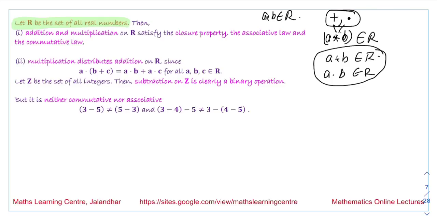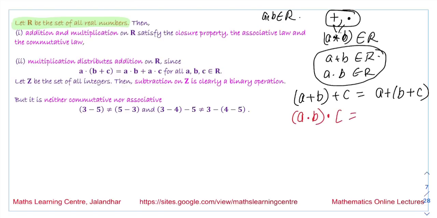Next, for the associative property, we know it holds for both operations. Whether we calculate A plus B first and then add C, or calculate B plus C first and then add A, we obtain the same answer. A similar result holds for multiplication: A into B, into C, equals A into B into C. So addition and multiplication are both associative.